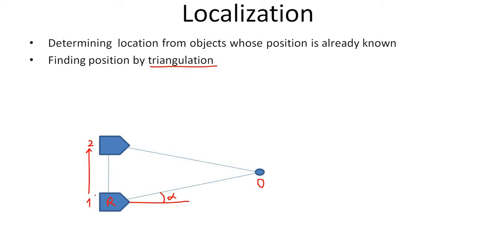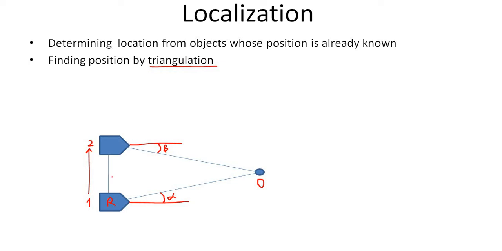After that, it went from position 1 to position 2 and it takes a measurement beta, let's say from a camera or any other kind of sensor that can sense this angle but not the distance.